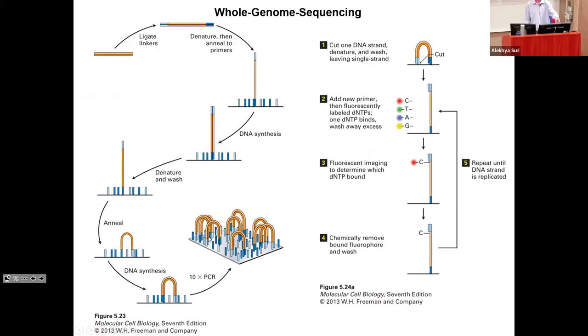DNA fragments are immobilized on a platform, and you use fluorescently labeled nucleotides and go basically one reaction at a time. So just so you know this exists.